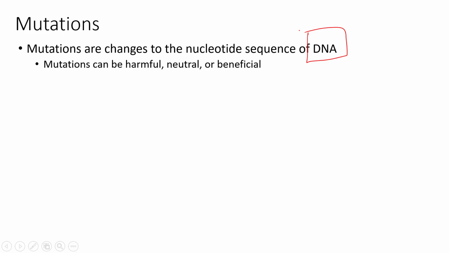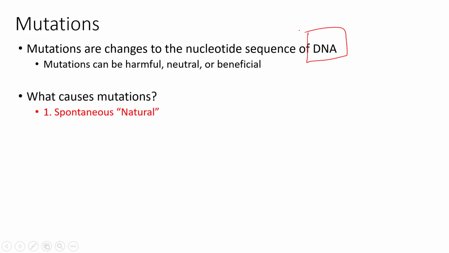We learned that mutations can be harmful, like the example of Tay-Sachs disease. They can have a neutral effect as a result of redundancy in the code, where the same codon codes for the same amino acid, or can be beneficial. The example being sickle-cell disease, where if you live in Africa, there's an advantage because the mutation protects you from malaria.